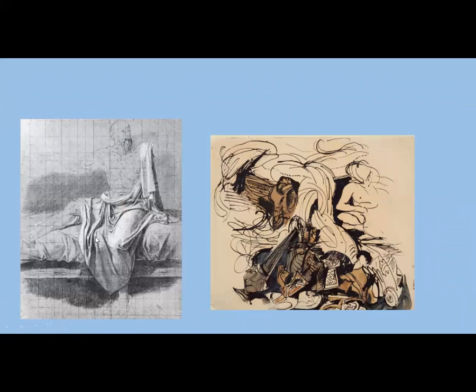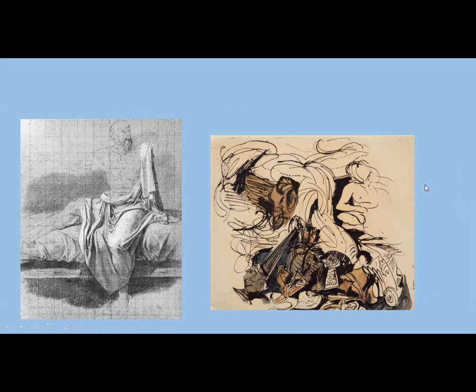And here, when we talk about things being analytical and precisely drawn, we have the sketch of the Death of Socrates by David that's gridded and well planned out and really precise. And then we have the sketch of the Death of Sardanapalus by Delacroix. That's the painting we just looked at.